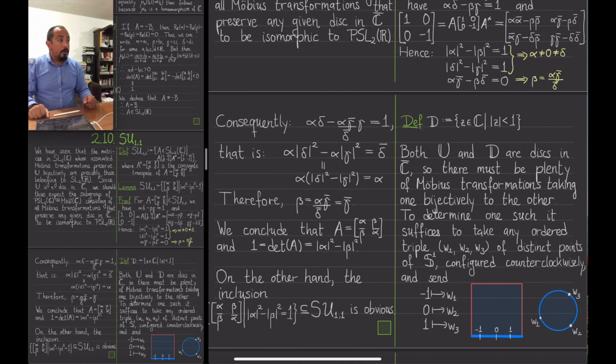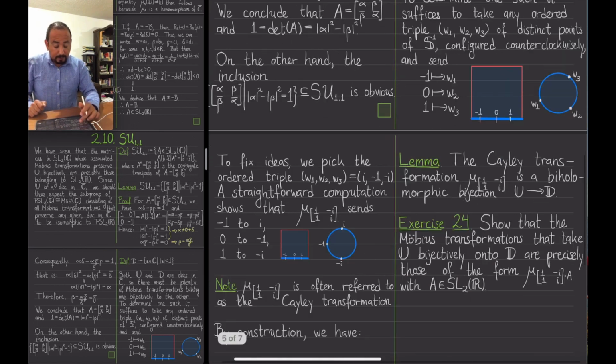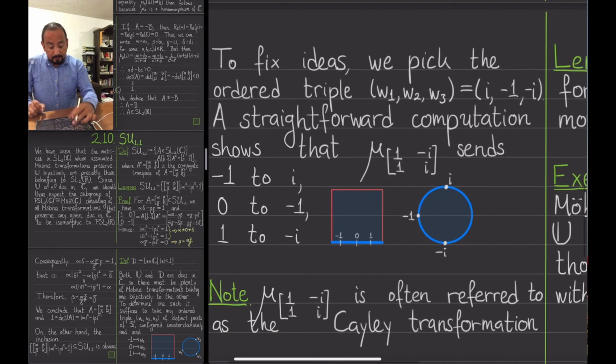Right? So I'm going to fix ideas, and I'm going to take a Möbius transformation that sends -1, 0, 1 to the triple i, -1, -i.